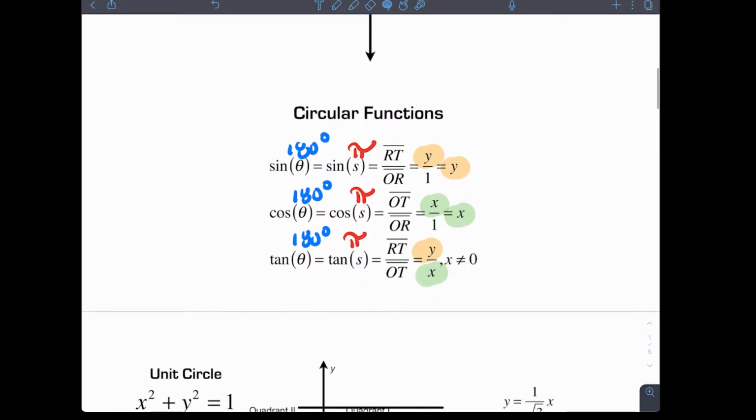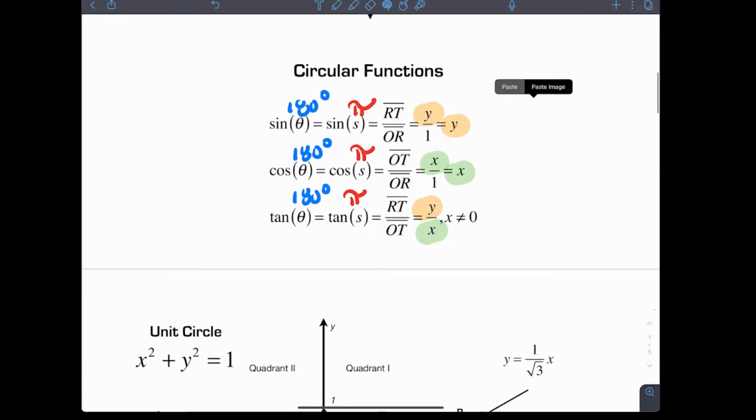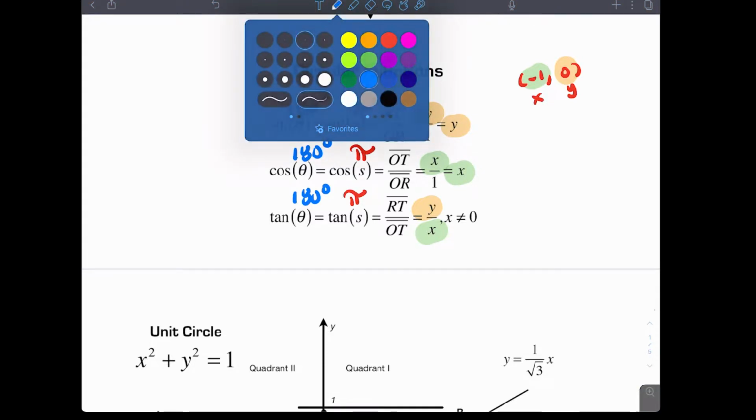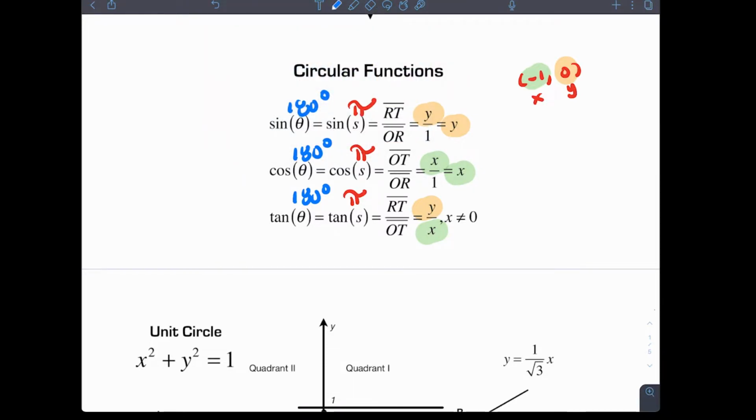What's the y coordinate value? What's the x coordinate?